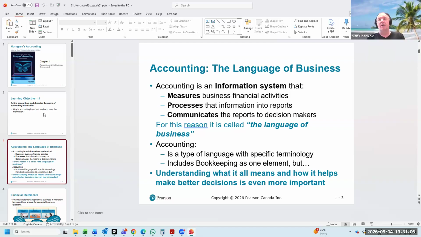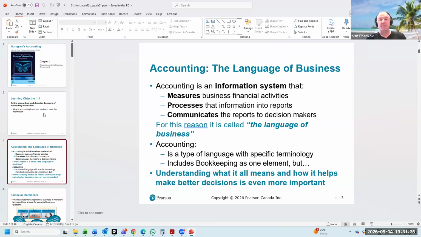Somewhere in the bank comes the information about who sent you money, where you're sending money, who takes money from your account, to whom you're paying money, all that information. Then that information is processed through the bank system, and the only thing that you're going to see is a report.